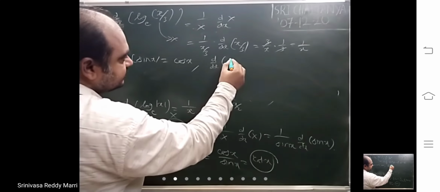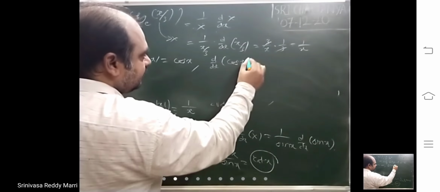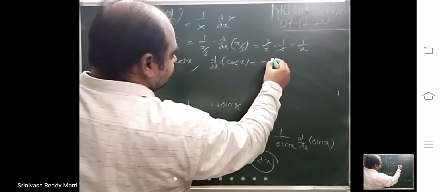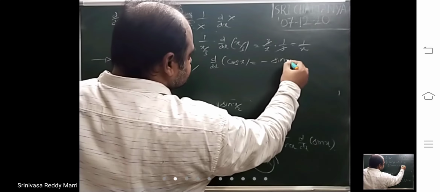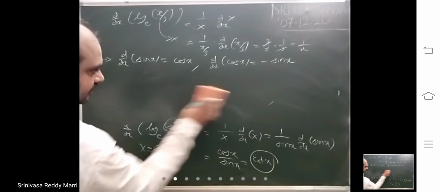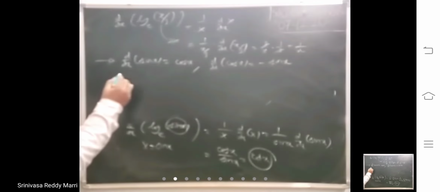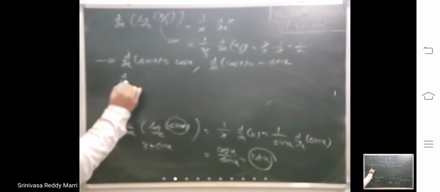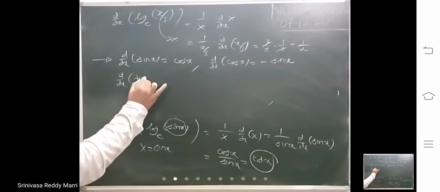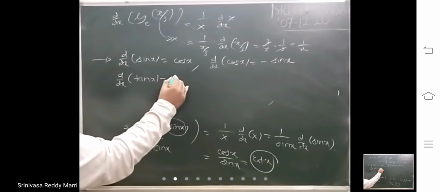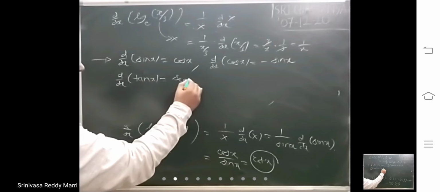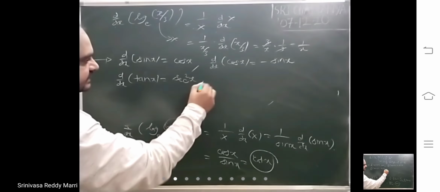D by dx of cos x is minus sin x. D by dx of tan x is secant square x.